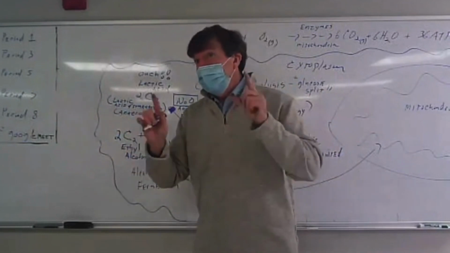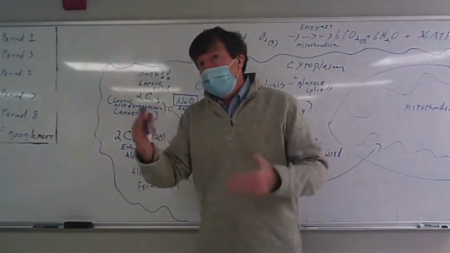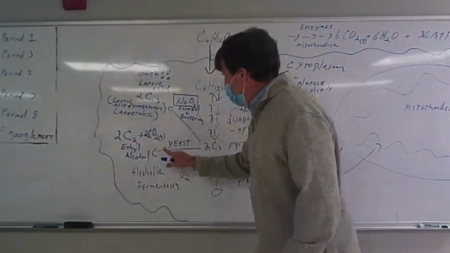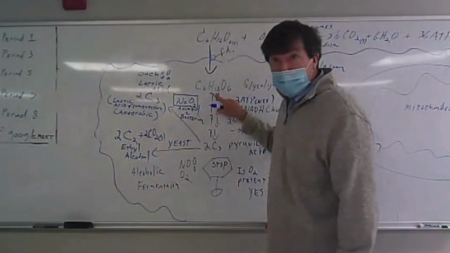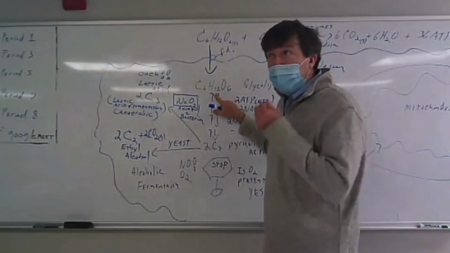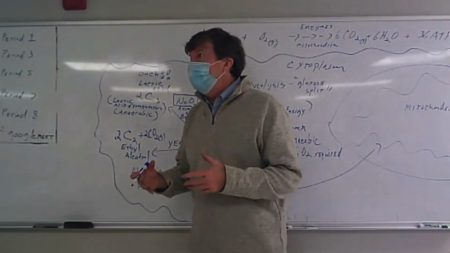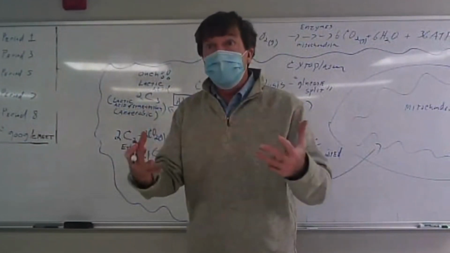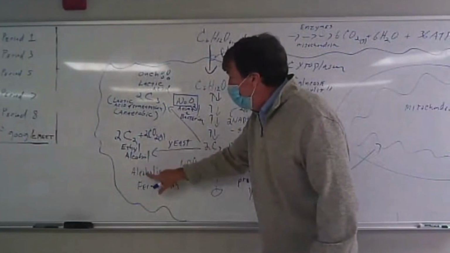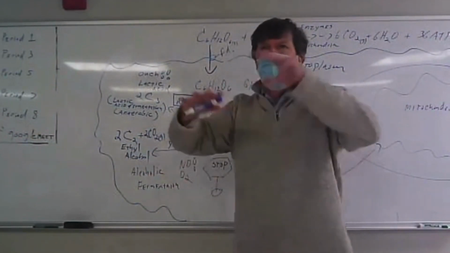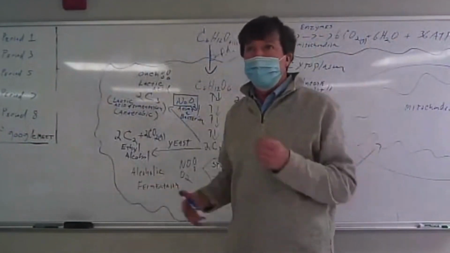But it's really the yeast that are doing the real work, right? It's the yeast that are making the alcohol from the sugar. Okay, and the people that work at the distillery have the alcoholic fermentation going on in barrels or vats or whatever. Okay.